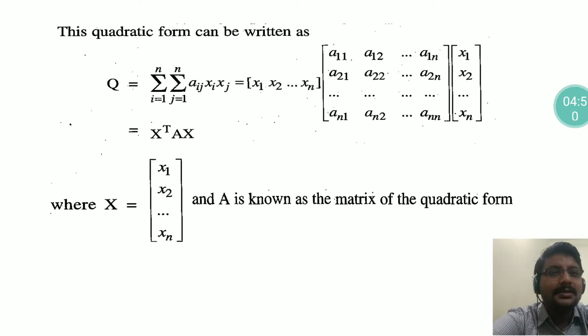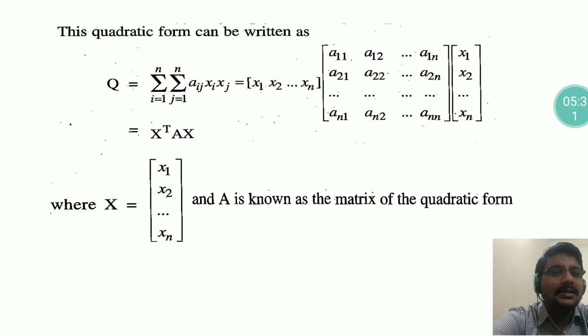This summation can also be written in matrix form as q = matrix of x1, x2 and so on xn, times the matrix of a11, a12 and so on a1n, a21, a22 and so on a2n, and so on, an1, an2 and so on ann. It is a square matrix of order n by n. And the last one is X, a column matrix, that is x1, x2 and so on xn.